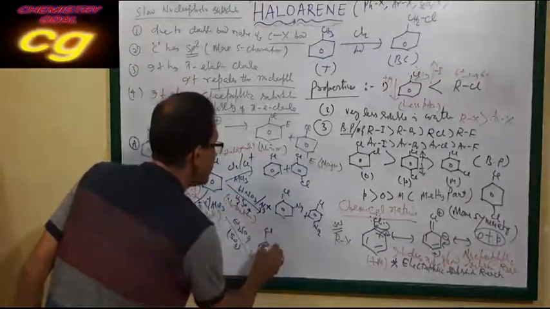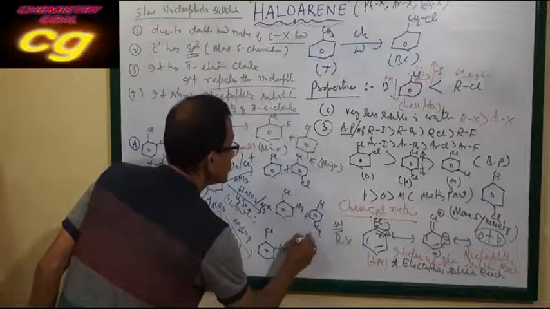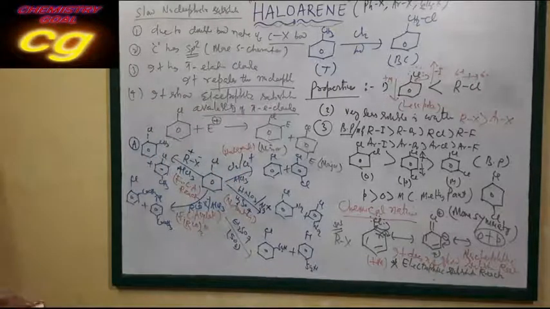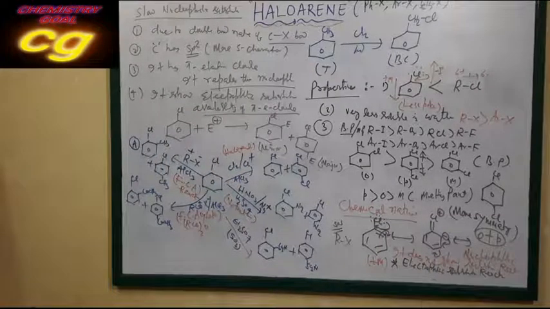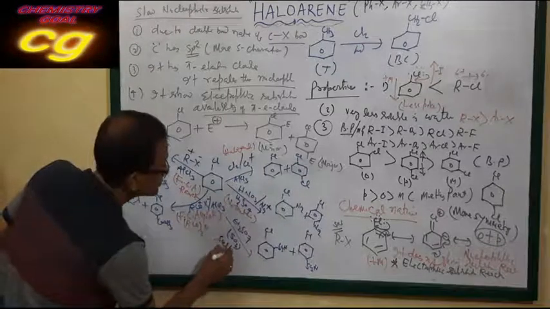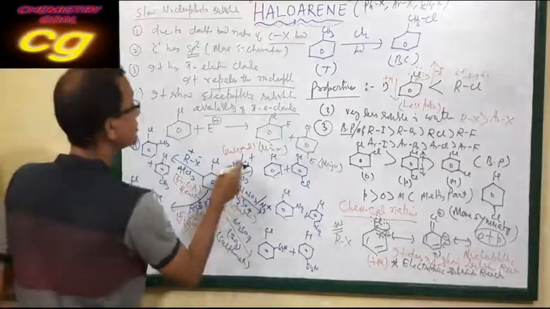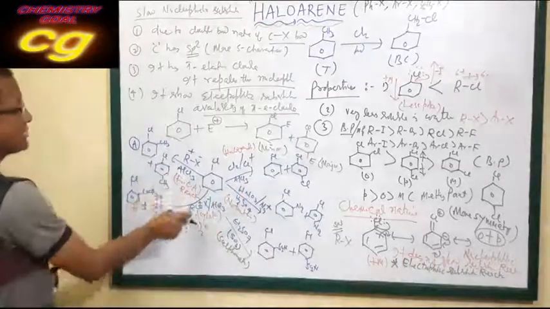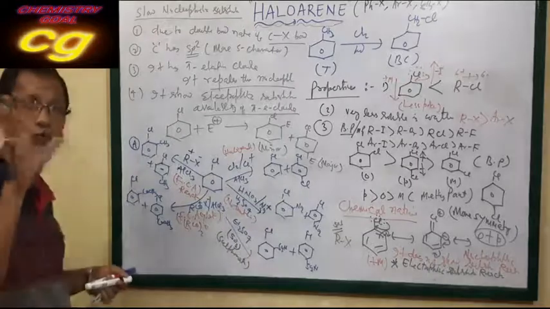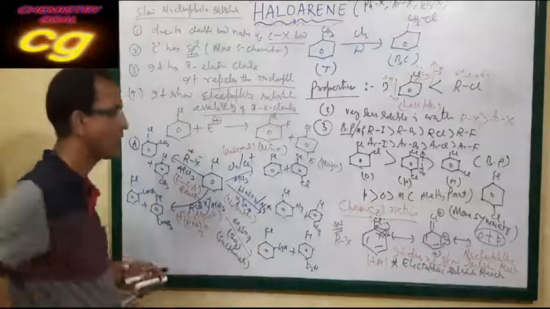So chlorine remains the same, and we get chlorobenzene with SO3H, ortho plus para. This reaction is called sulfonation. So sulfonation, nitration, halogenation, acylation, alkylation, these are some important electrophilic substitution reactions of aromatic compounds, here haloarenes.